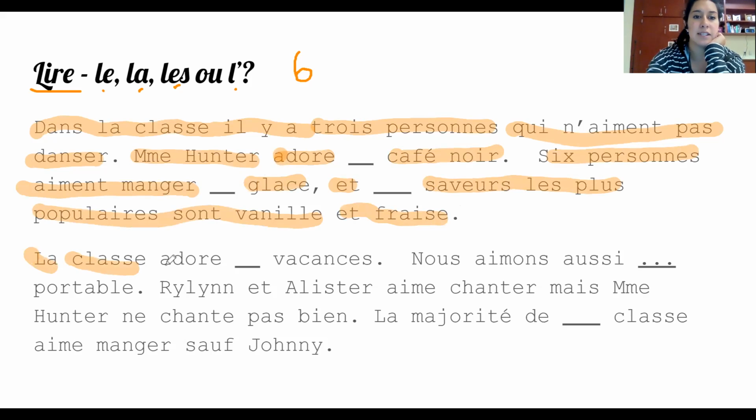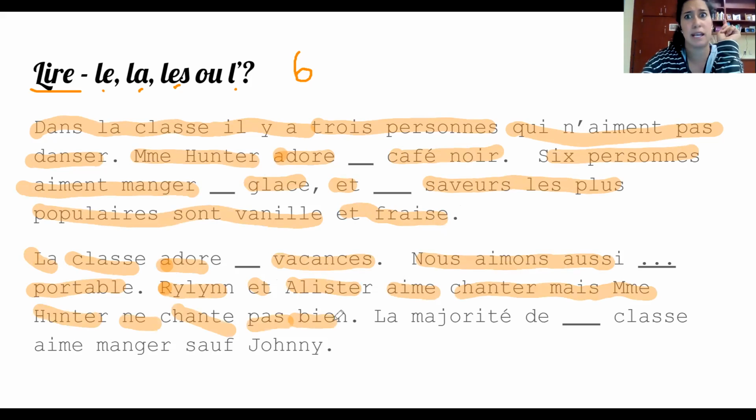La classe adore vacances. Nous aimons aussi portable. Rylan et Alistair aiment chanter, mais Madame Hunter ne chante pas bien. La majorité de classe aime manger, sauf Johnny.